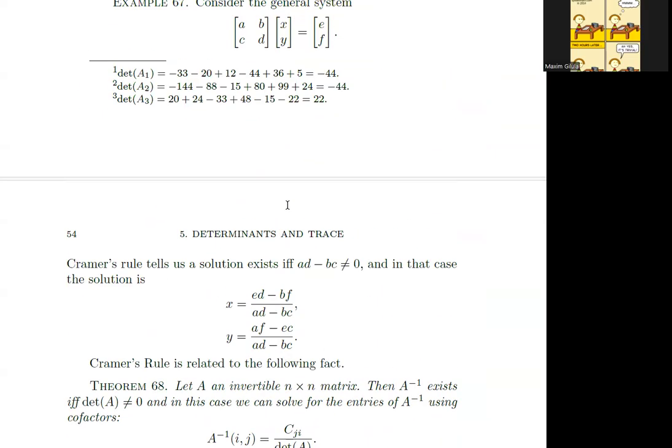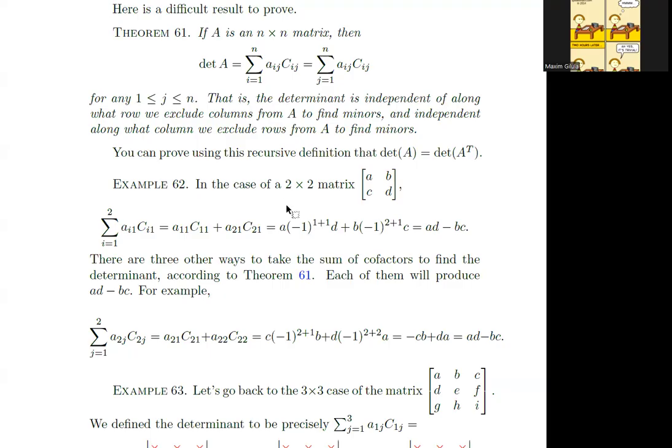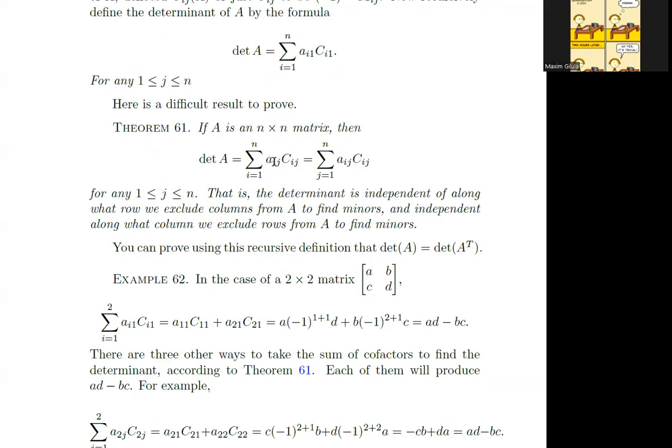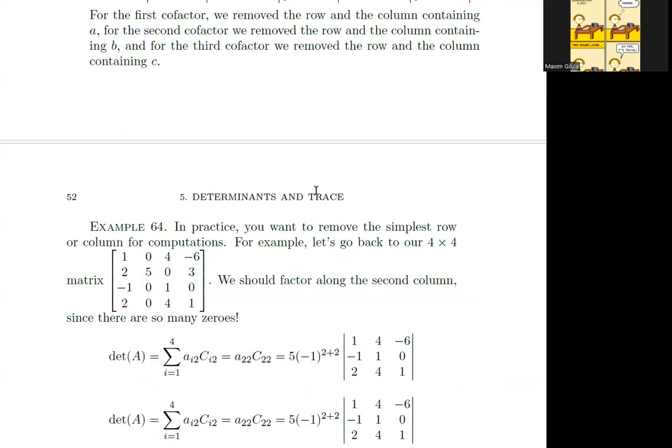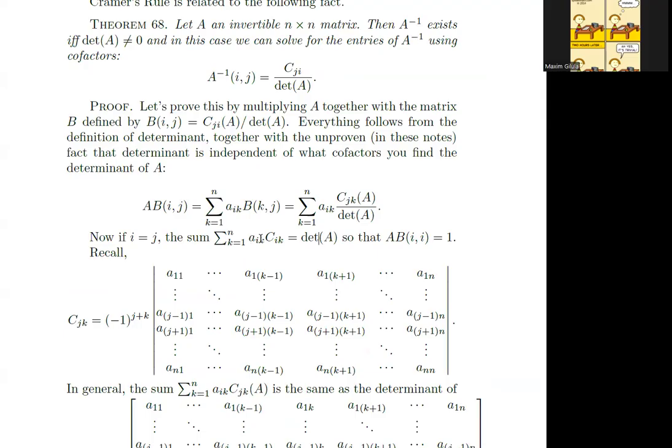AIK, CIK, that's exactly what we had up here somewhere. AIJ, CIJ, that's the determinant of A for any J, or for any I in this case, since K is already the variable we're summing over. So this is determinant A, just the formula for that. So ABII, the II entry of AB, is equal to 1.